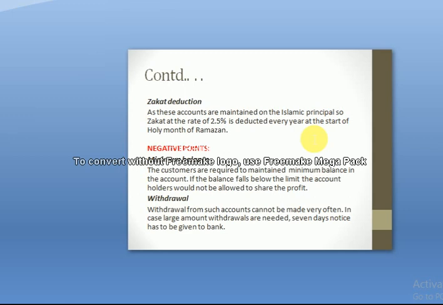So now I will keep a minimum balance of up to 2 lakh. If the amount decreases below the minimum balance, then the profit will not be assigned to the customer until the customer completes the minimum balance in the account again.